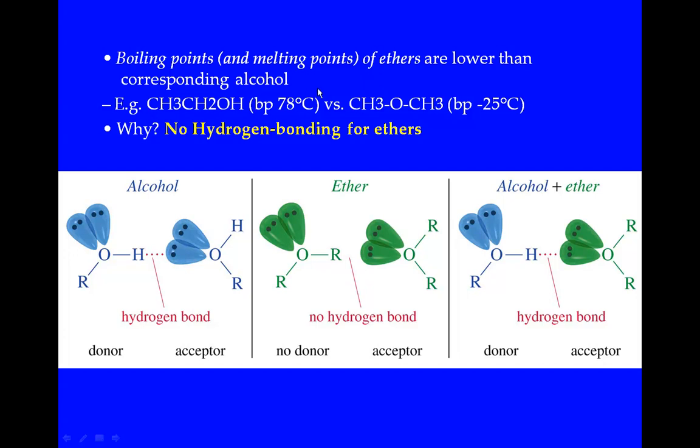That's the reason why, when you compare compounds of almost the same formula, this has C2H6O, and this has C2H6O. So the molecular formulas are all similar to one another. But look at the boiling point of ethanol, it's at 78. Look at the boiling point of dimethyl ether, which is a gas.